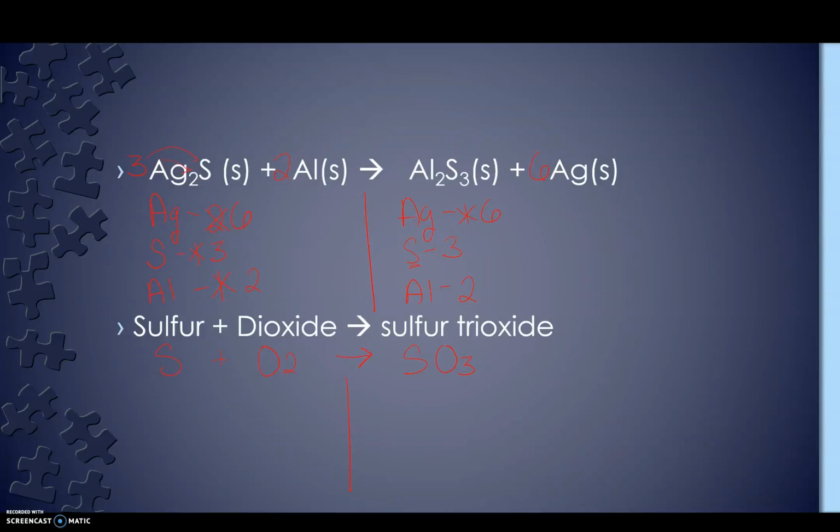So again, we've got S, we've got O, we've got S, we've got O. Starting with oxygen here, we have 3 oxygens. So we're going to give this a 2. 2 times 3 is 6. Bring that over here. 3 times 2 is 6. Distributive property, 2 times 1 is going to be 2, so now we need to add a 2 over here. Everything's balanced.